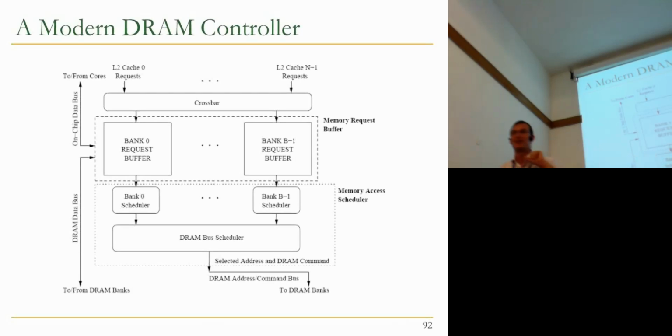Yes? I see on the top line, there's an n times n crossbar, I suppose. Yeah, so this doesn't need to be a crossbar. How big would n typically be? So for example, I'll give you an example from Niagara. Sun Niagara had 8 cores, actually 8 L2 cache banks, and I believe 4 memory controllers.